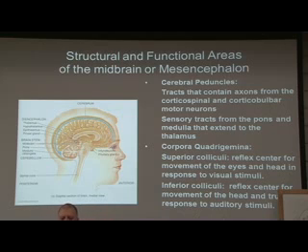If you made them sit with a ruler held like this, and you flashed the light over here, then they would turn quickly to see what the light would be, and that would be your superior colliculi in action. So the response of your head, neck, and upper body to visual stimuli. So very protective with peripheral vision.